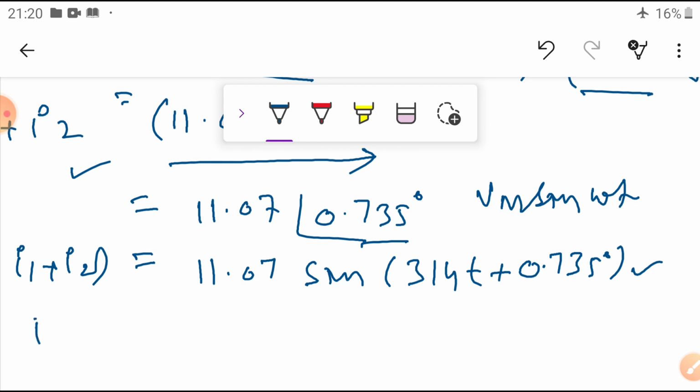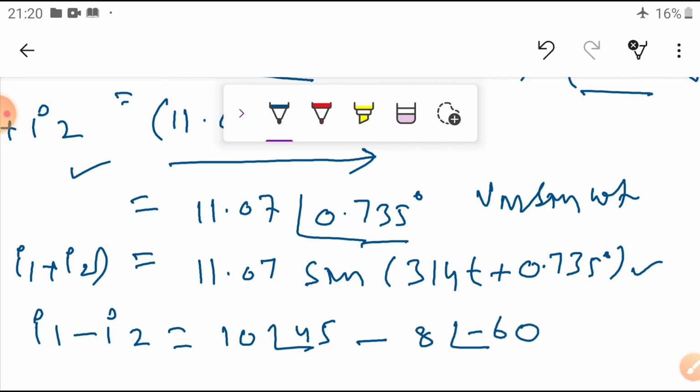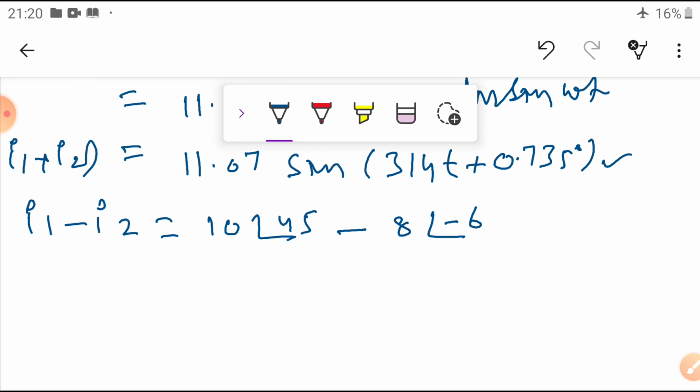Similarly, you can do I1 minus I2. How are you going to do it? In a similar way, whatever the values, simply multiply. So 10 at an angle of 45 degrees minus 8 at an angle of minus 60. You convert into a similar form, and you are going to get finally 14.33 at an angle of 77.62 degrees.